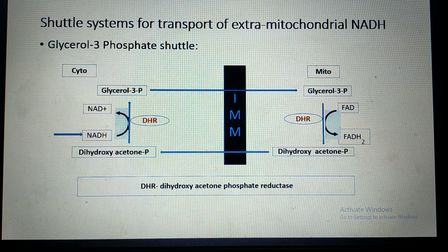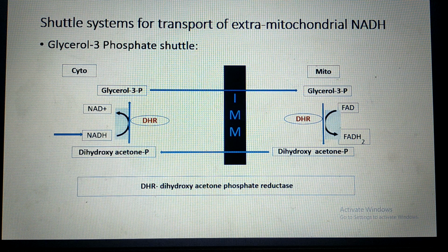The enzyme is dihydroxyacetone phosphate reductase. As the substrate is reduced, it is called a reductase. Now this glycerol 3-phosphate easily travels through the inner mitochondrial membrane and enters into the mitochondria. After entering into the mitochondria, this glycerol 3-phosphate is oxidized by donating the 2 hydrogen atoms to FAD to synthesize FADH2.